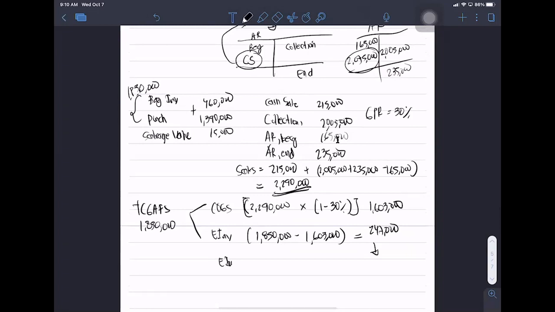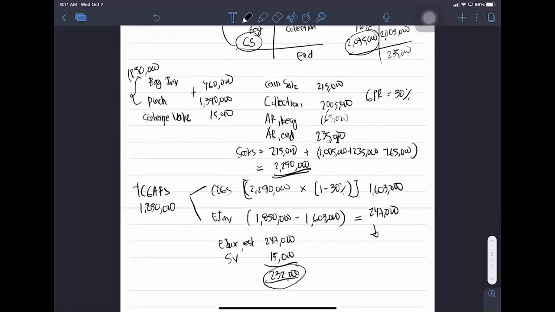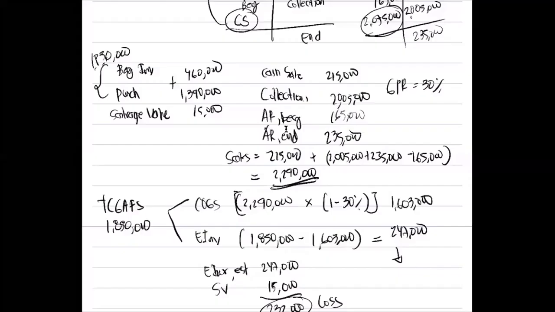So ending inventory estimated amounting to 247,000. And then we have your salvage value amounting to 15,000. So 247 less 15, we have 232,000. Okay, so that is the amount of our loss.